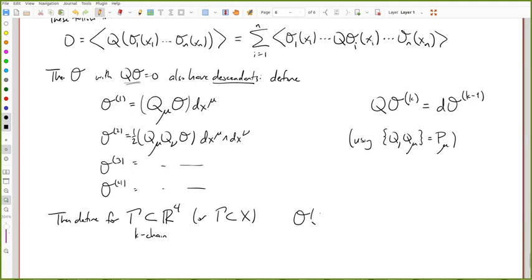Let's define O of gamma. So before we had O of x, the operator, which you think of as being inserted at a point. Now I'm going to do a similar thing where instead of putting it at a point, I put it on this chain. So it'd be an integral over the chain gamma of the K-form operator.